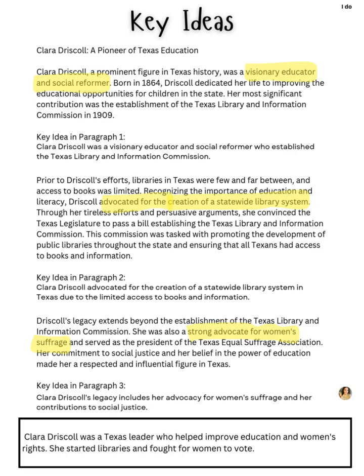She started the libraries and fought for the right for women to vote. That's what women's suffrage means, in case you didn't know, and you probably didn't. But she fought for women's right to vote, and she advocated for a statewide library system. So that's the central idea. Go ahead and fill that in.